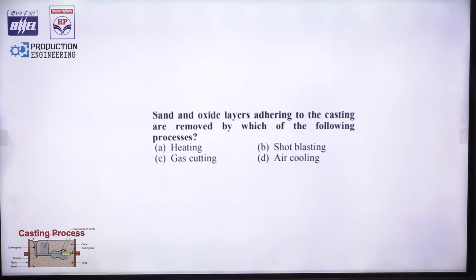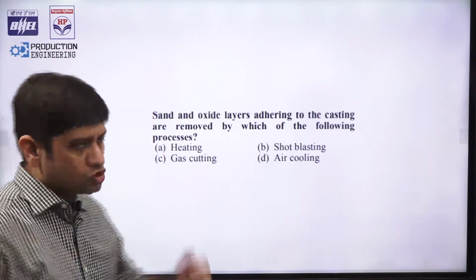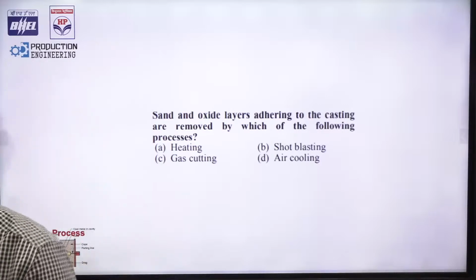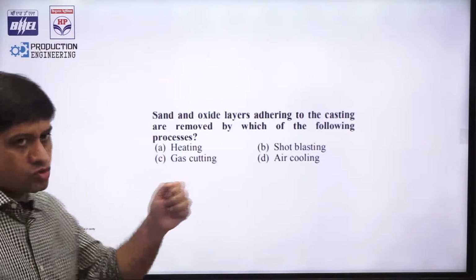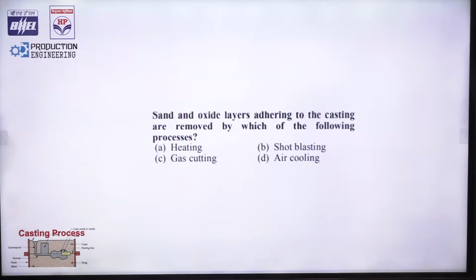I'm sure you know what shot blasting, shot peening process is. Shot peening means you throw compressed air and these ceramic shots onto some particular material. The question: sand and oxide layer sticking to casting are removed by which of the following processes?